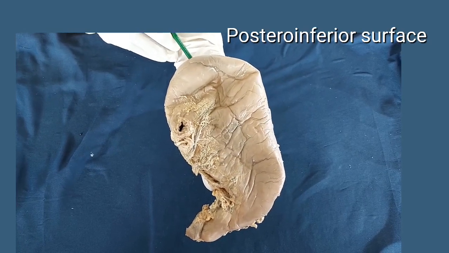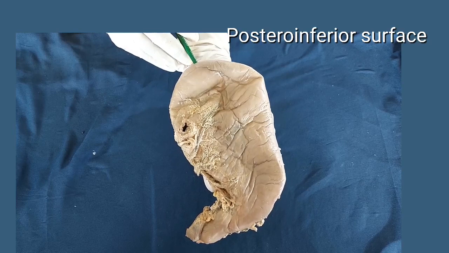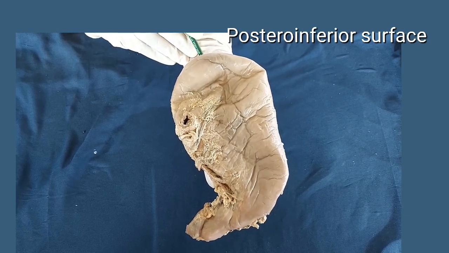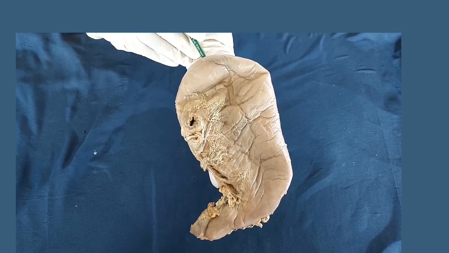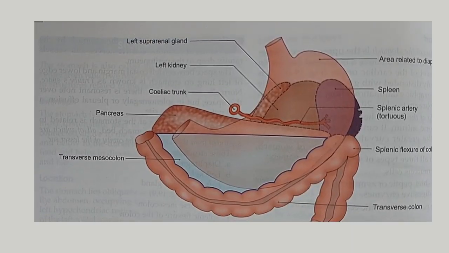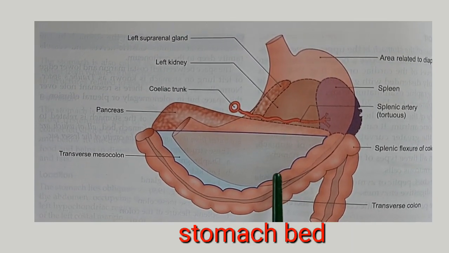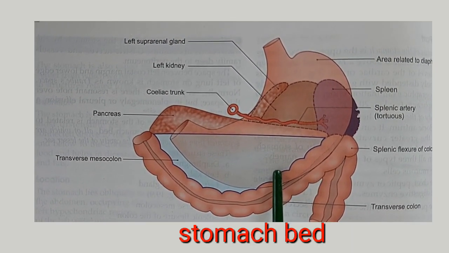These important structures which come in contact with the postero-inferior surface form the stomach bed. In this figure we can see the structures forming the stomach bed.